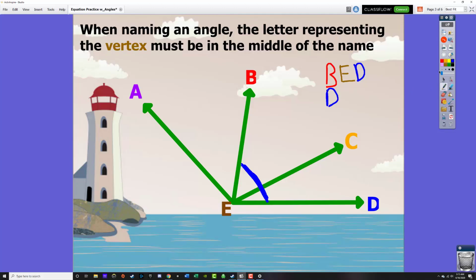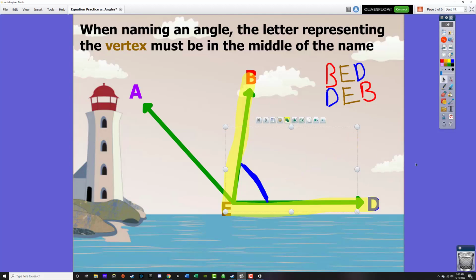It could be angle BED, or it could be angle DEB, which would be starting here, so D, E, B. So you're basically, just like last time, pretending that that is not there when you're naming the angle. So don't be thrown off by the extra arrow.